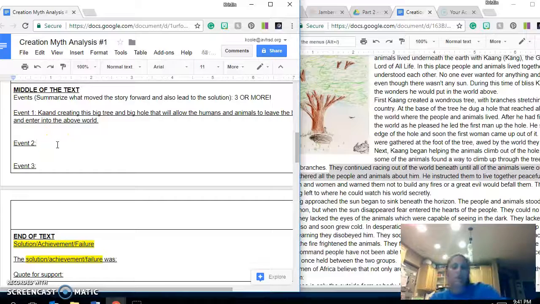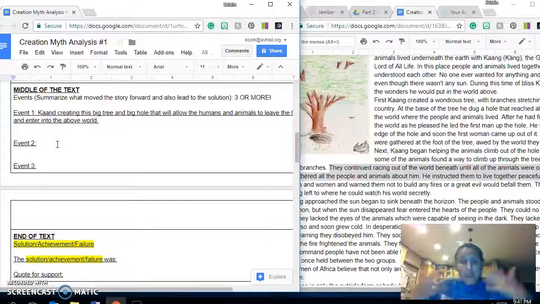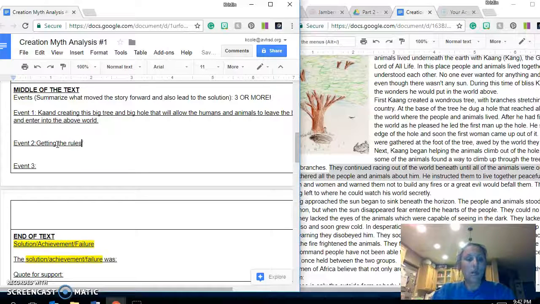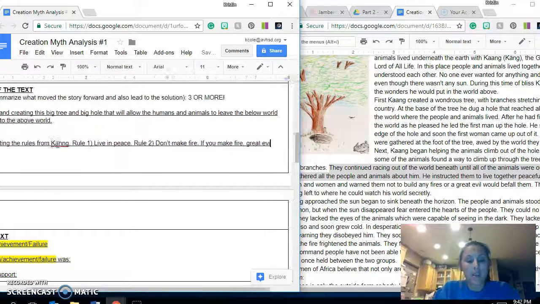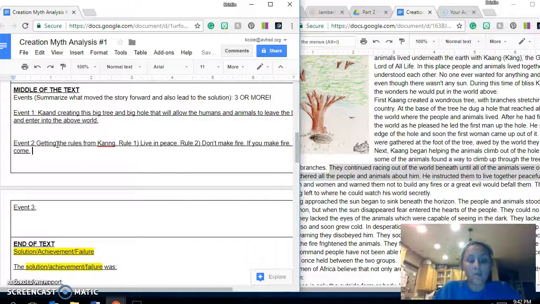Event two is getting the rules, right? So, rule one, live in peace. Rule two, don't make fire. If you make fire, great evil will come.